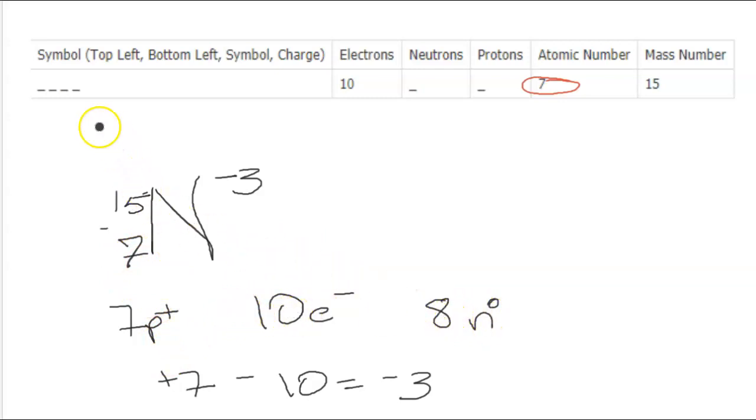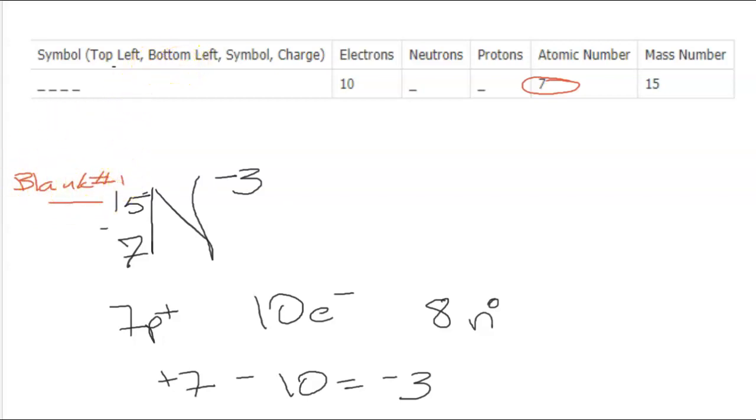So when I go to fill in my blanks, the top left is going to be the first blank. So for my first answer, this is blank number 1, because that is the top left.